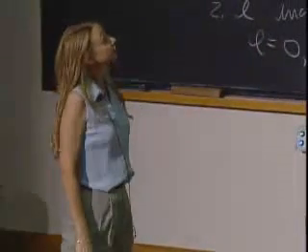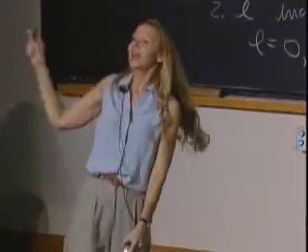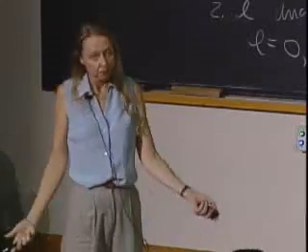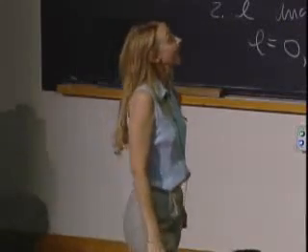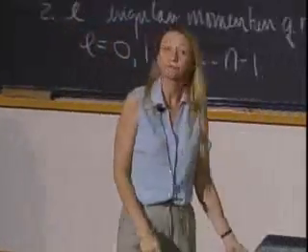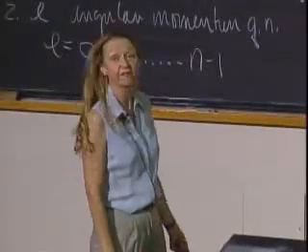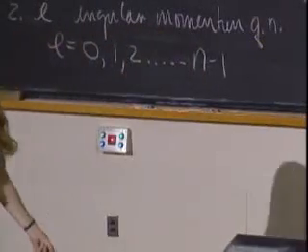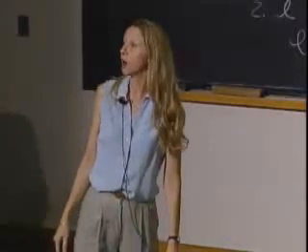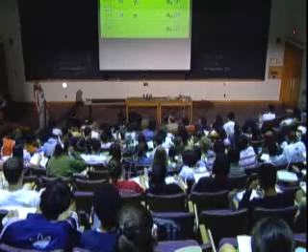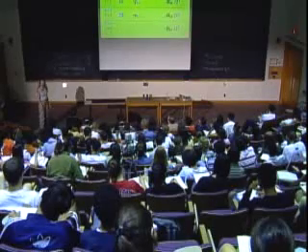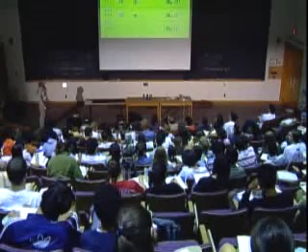Now, if n is equal to 2 and L is equal to 1, what's the next larger value of m? 0. And so we've got a 2, 1, 0 state. Again, the wave function for an electron in that state we label as psi 2, 1, 0. And then finally, when n is equal to 2 and L is equal to 1, what's the final possible value of m? Minus 1.